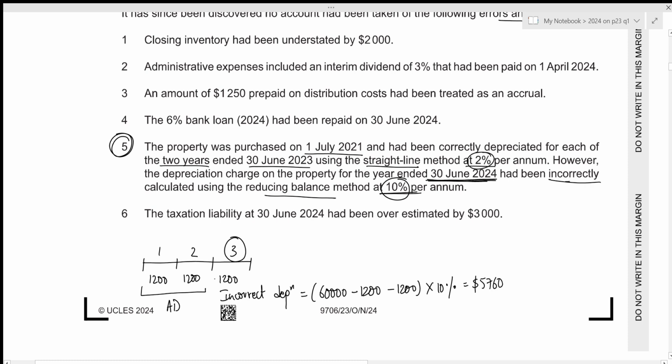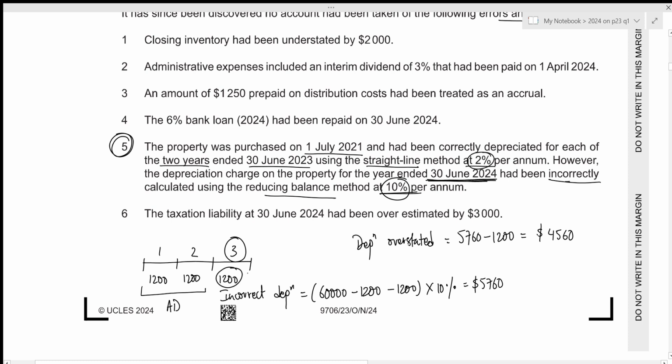The correct depreciation was 1,200. So clearly, in this case, the depreciation is overstated. And overstatement is done by the amount of 5,760 minus 1,200. So the depreciation had been overstated by the amount of 4,560. And for the first part of this question, we only need the correct carrying amount.